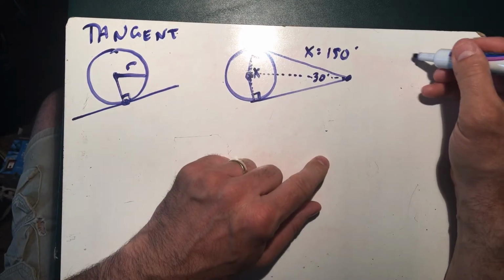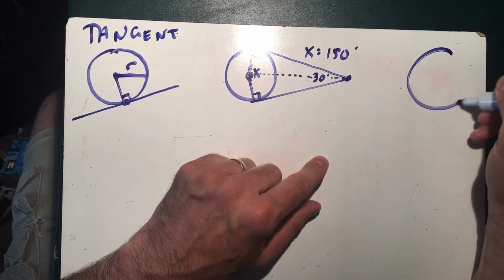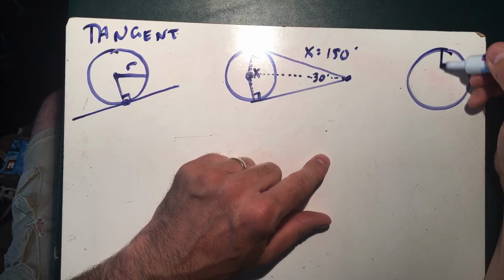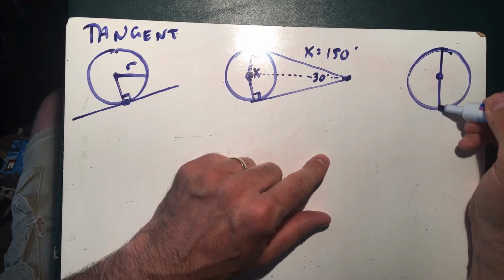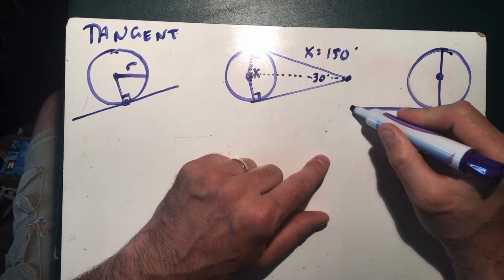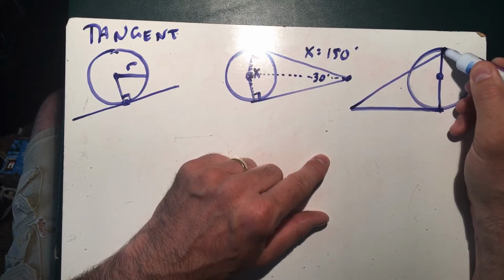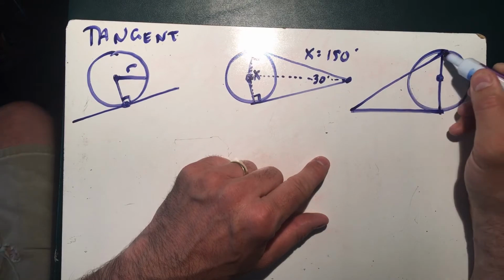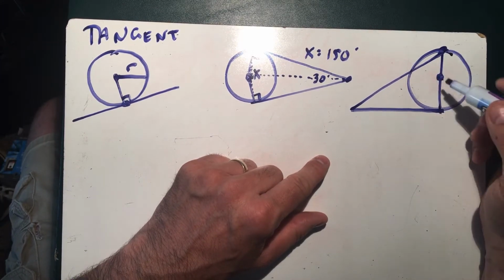There will be questions like, look at this circle, and this is the diameter, and this is a tangent segment, and this other line, which is obviously not a tangent, is called a secant. We'll talk about that one soon.